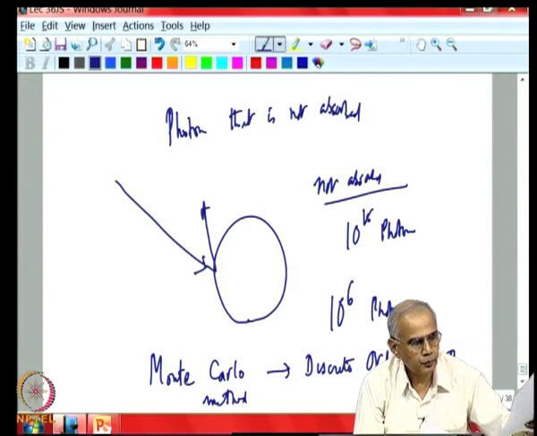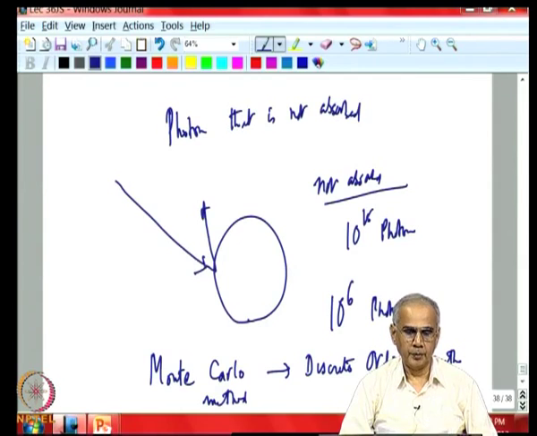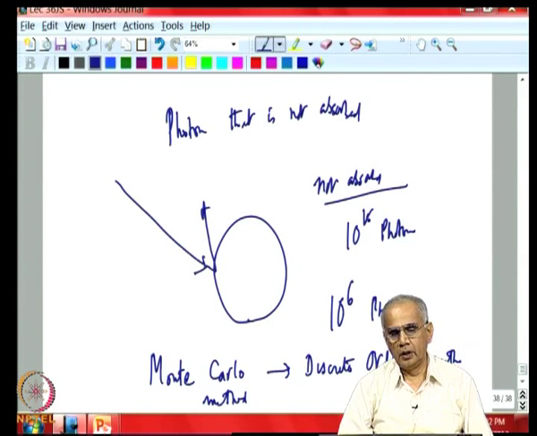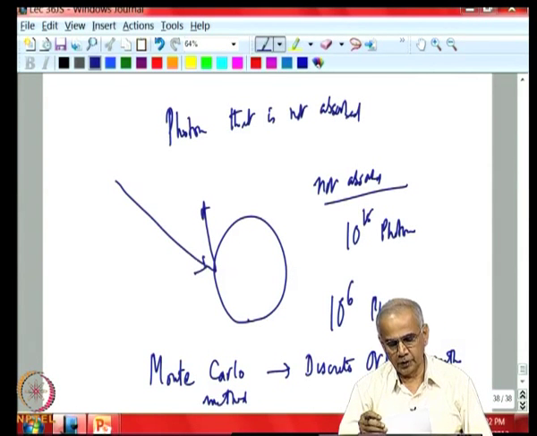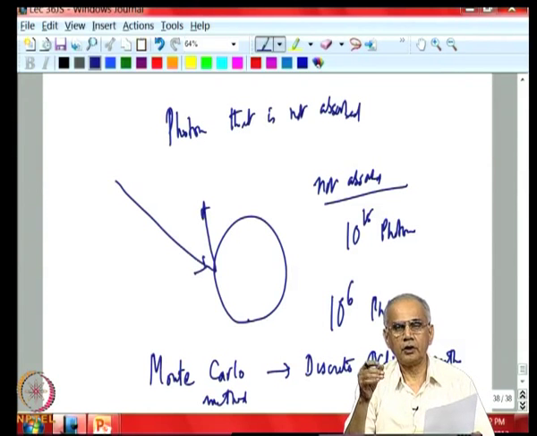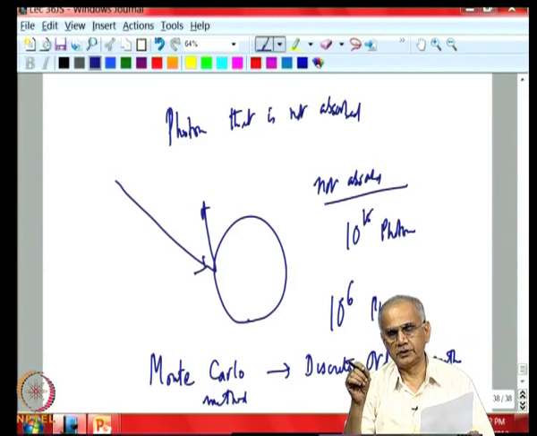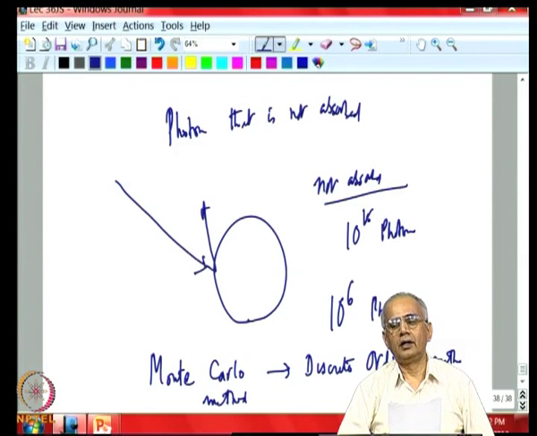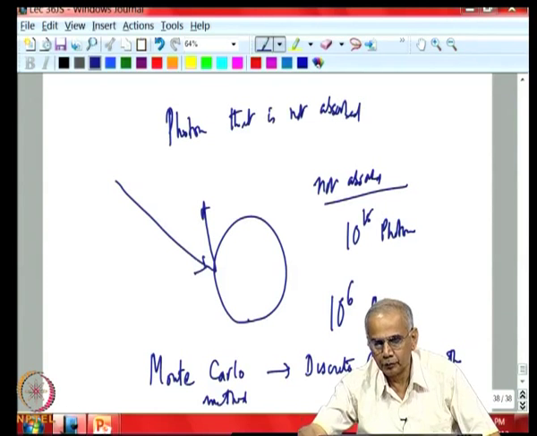Now, that will take a minimum amount of time, and if that takes a large amount of time, and after doing that you are going to do only one simulation, then surely it is not a very effective use of Monte Carlo.